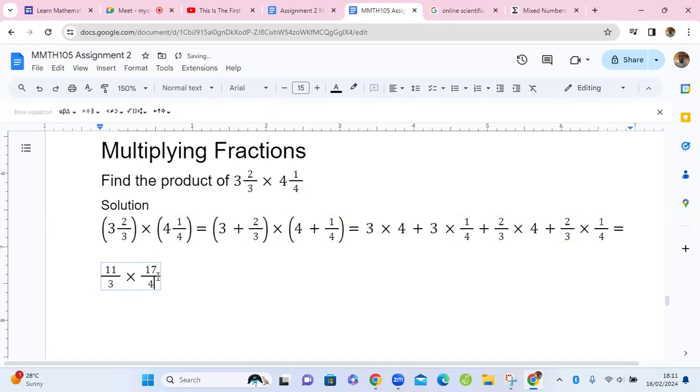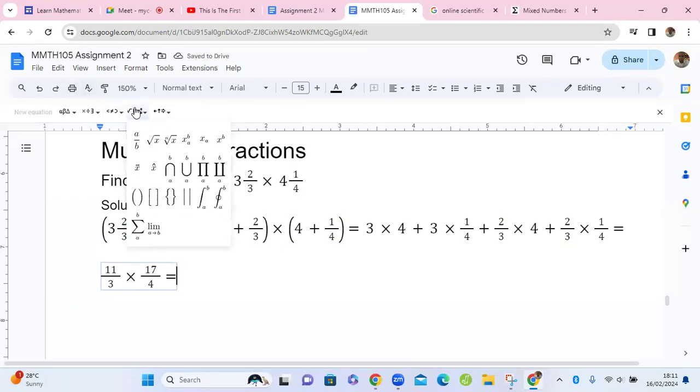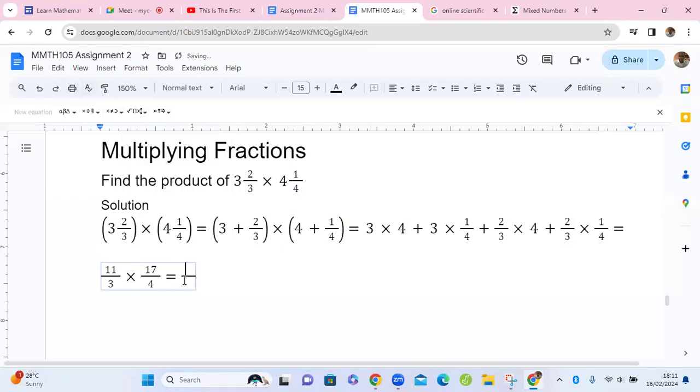And you simply multiply numerator by numerator, denominator by denominator. You multiply straight across. You multiply across numerators, that's 11 times 17, and you multiply across the denominators, so that's 3 times 4.